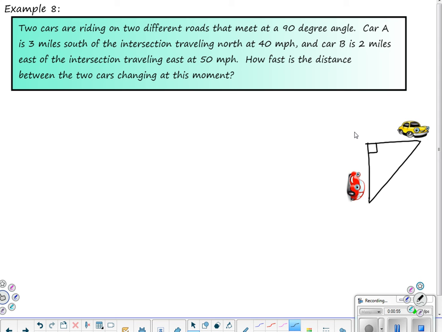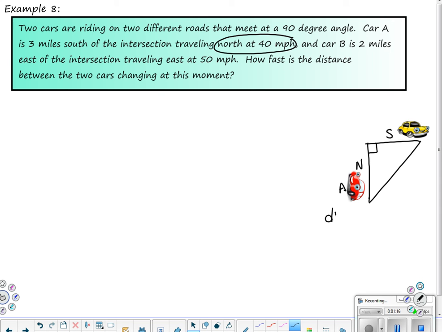Car A is 3 miles south, so this will be my car A, 3 miles south, traveling at 40 miles per hour. So it's headed north at a rate of, we could go N and S, I guess.